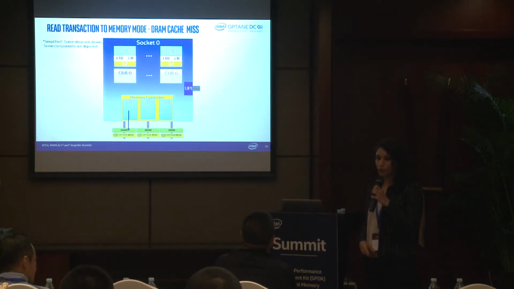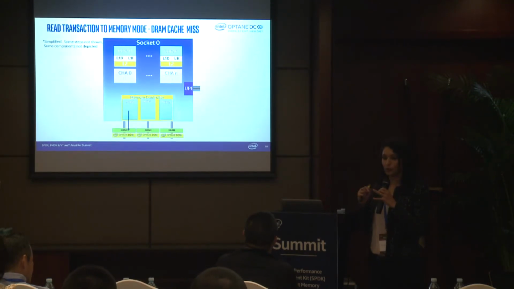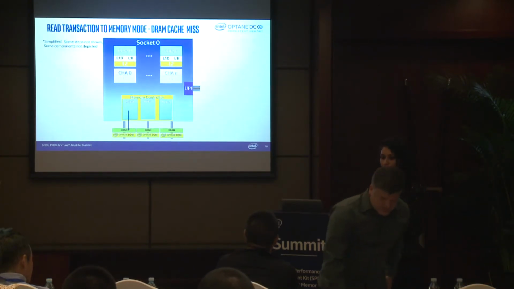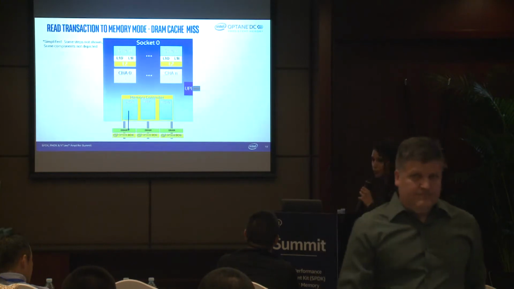Yes. So we have events in the memory controller called tag events, which say whether you are hitting in your DRAM cache or missing in your DRAM cache. And we also have these metrics in both VTune and Platform Profiler as well. I'm going to talk about that towards the end of the presentation.